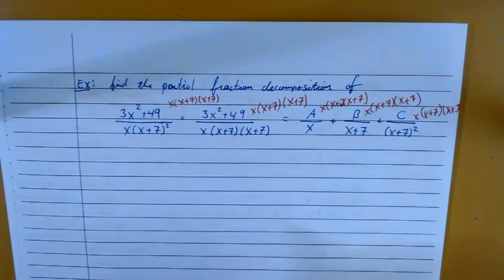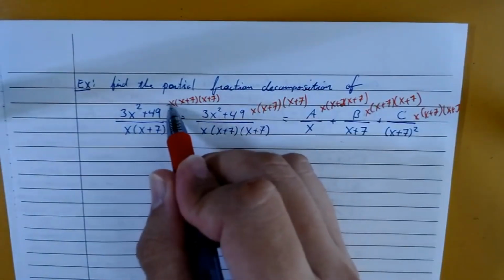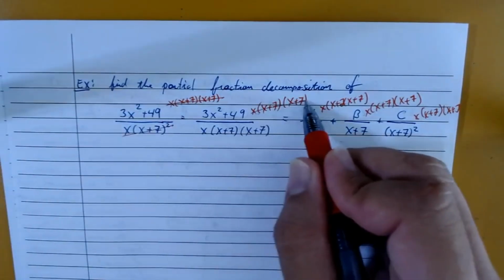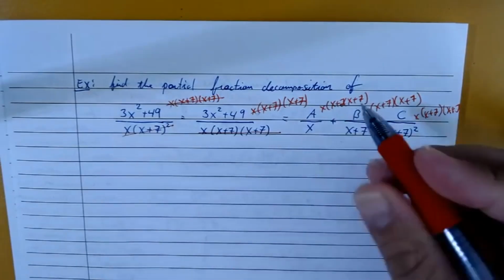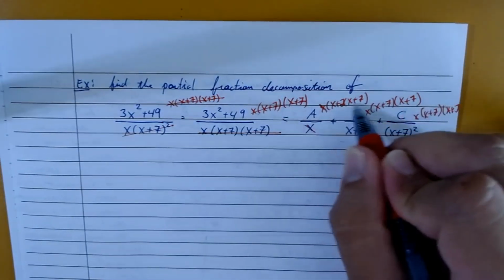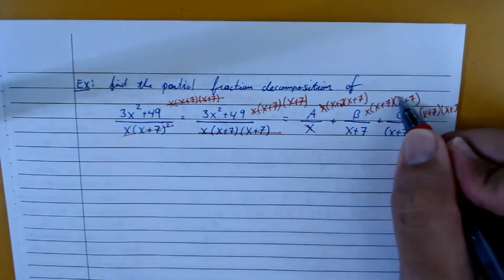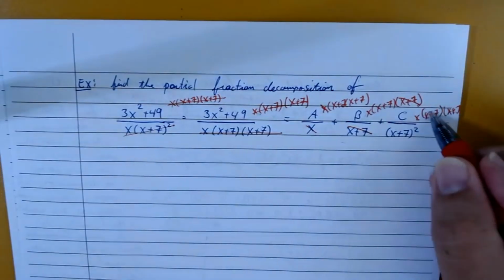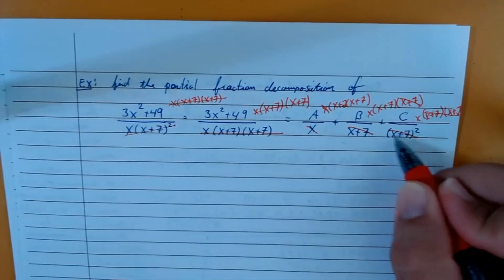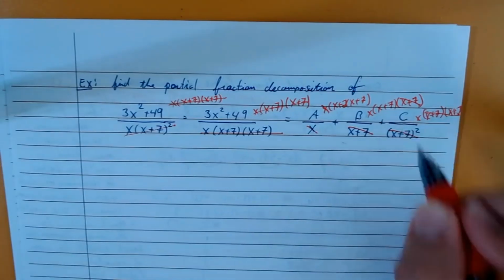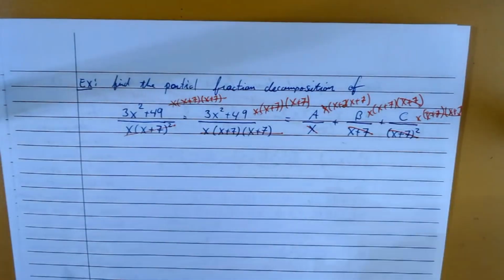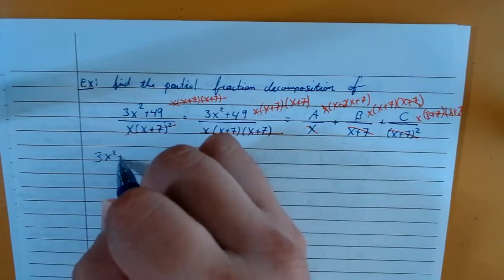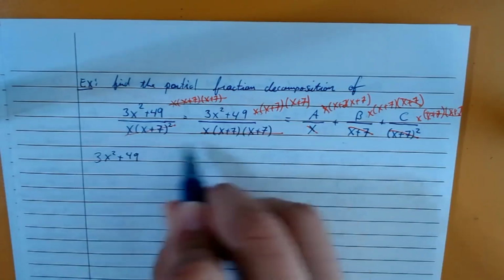Of course this divides away all of this, regardless of which form you have it in. Here, this x divides that x, but those two are left. Here, this x plus 7 divides that x plus 7, but those are left. And here, both of these x plus 7s divide away both of these x plus 7s, leaving you just your c and your x. So what that gives us is the numerator, 3x squared plus 49. Note your denominator's gone.